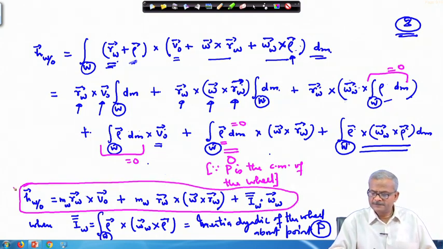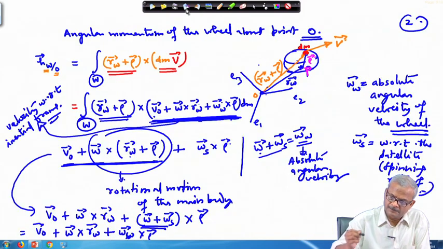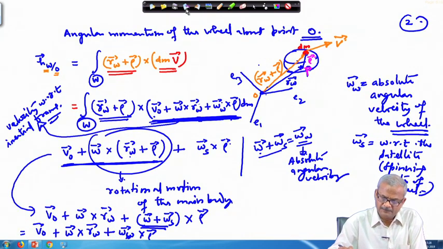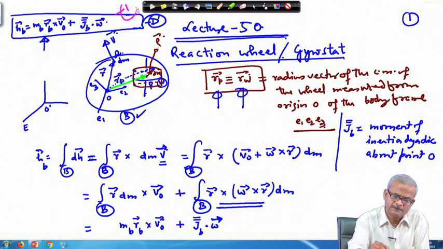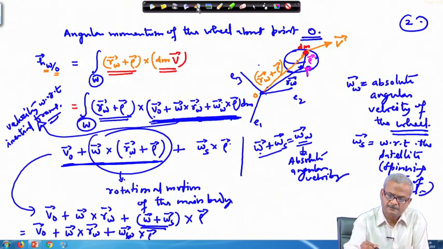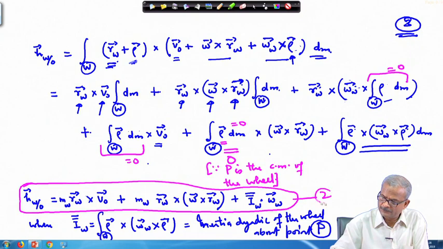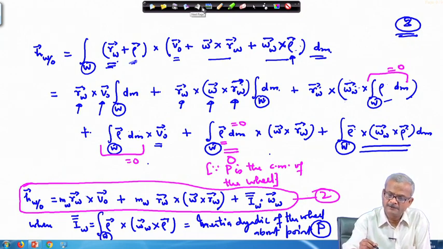So, add all these equations. The one equation we have got, this is equation number 1, and this is equation number 2. We need to add them to get the total angular momentum.